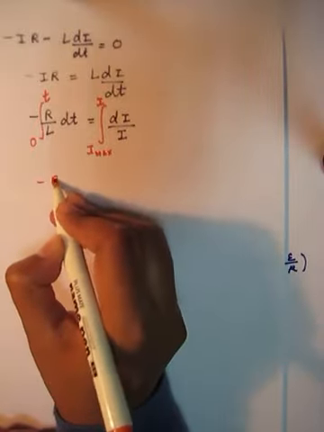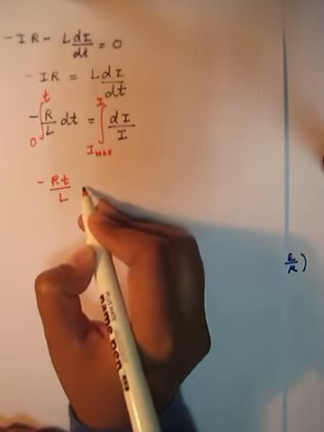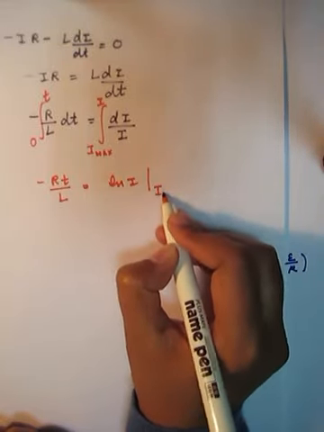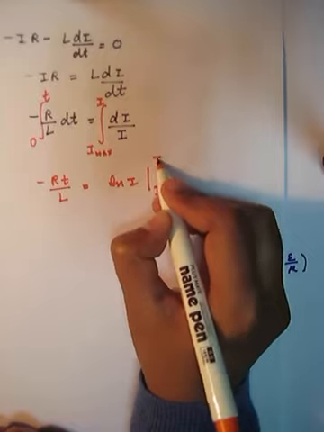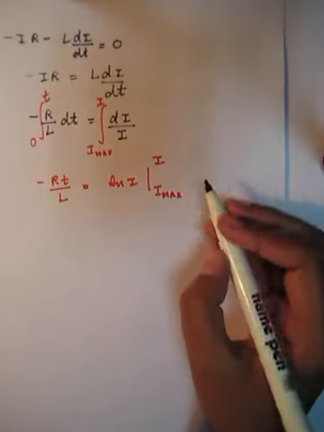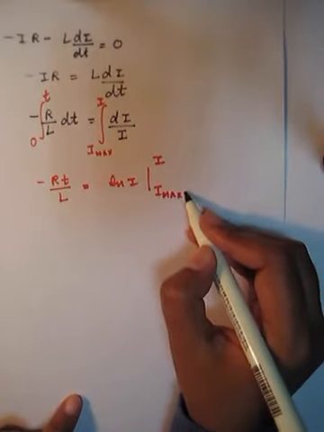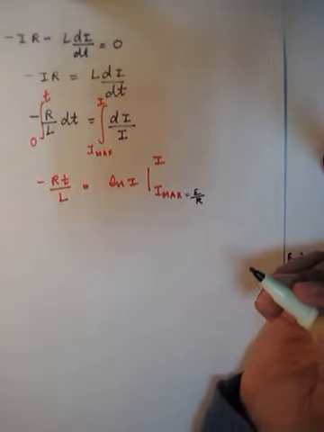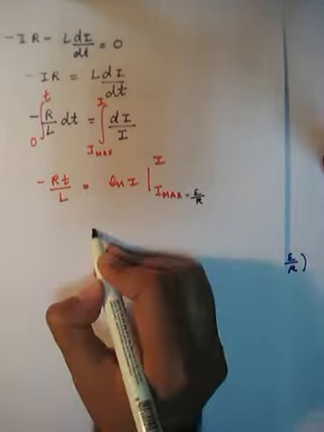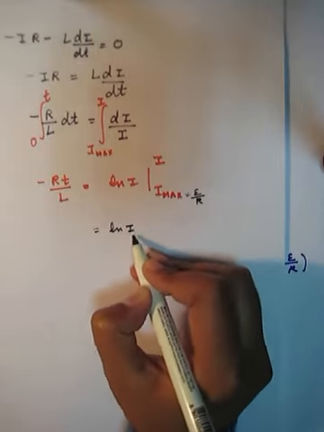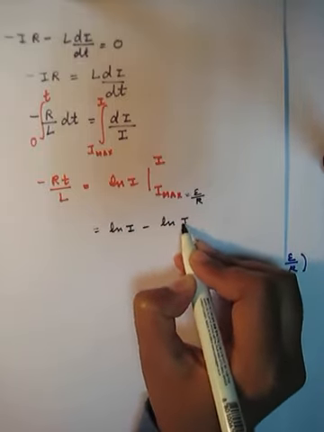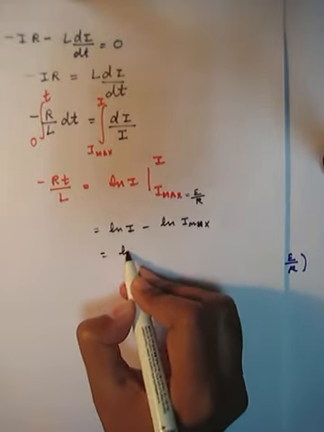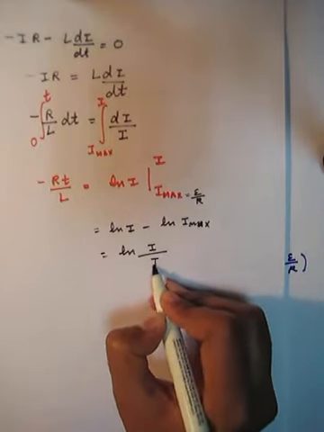So what we get from here is Rt upon L should be equal to log of I maximum upon I. And you know what I maximum is? I maximum is epsilon upon R, the maximum current. So it will be log I minus log I maximum, or log I upon I maximum.